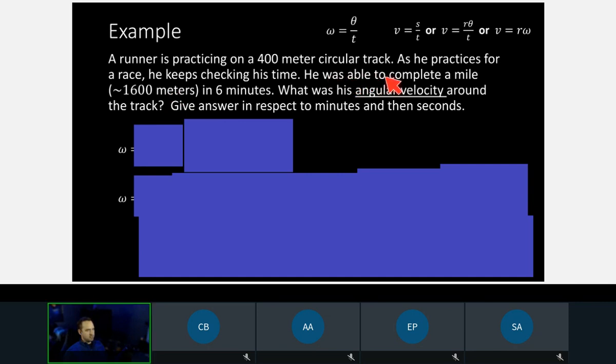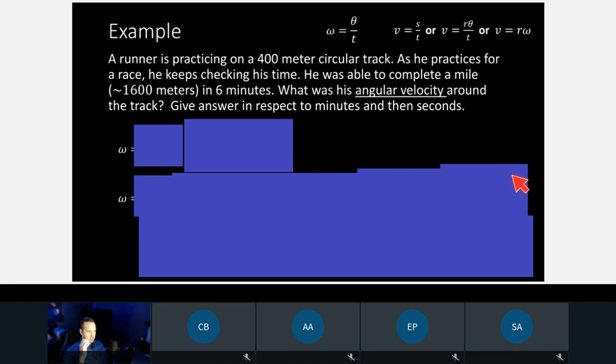It's telling us in 6 minutes he was able to do 1,600 meters. So how many revolutions is that? 4. Yeah, can everyone see that?